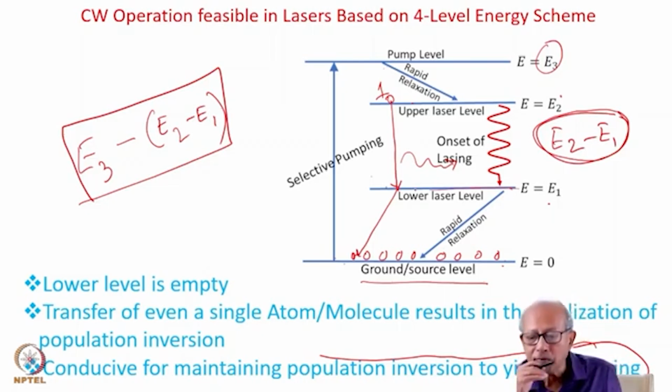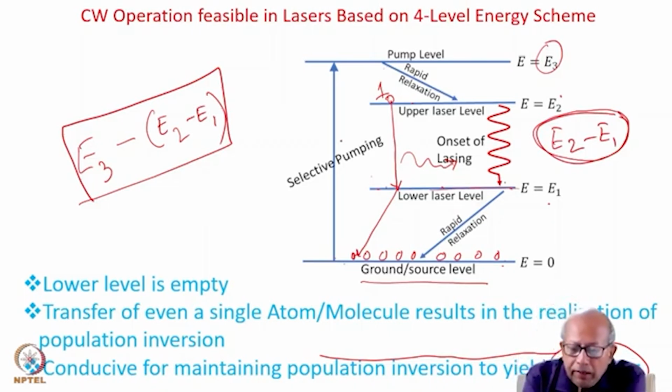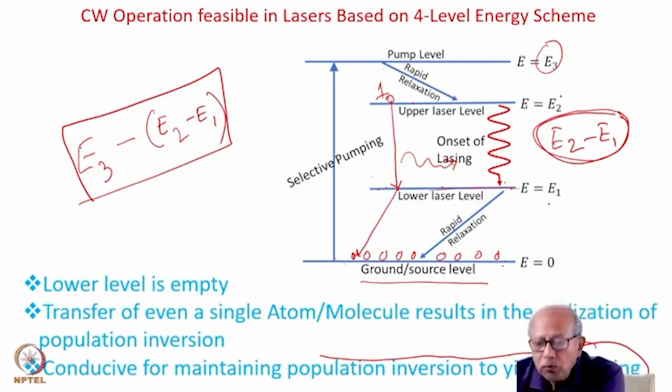If you take a look at the Boltzmann distribution, the thermal distribution of population that we have studied in quite detail, you will see that if you increase the temperature, this level now starts getting populated. So if you increase the intensity of pumping in order to increase the output power of the laser, that means you are trying to increase the population inversion.